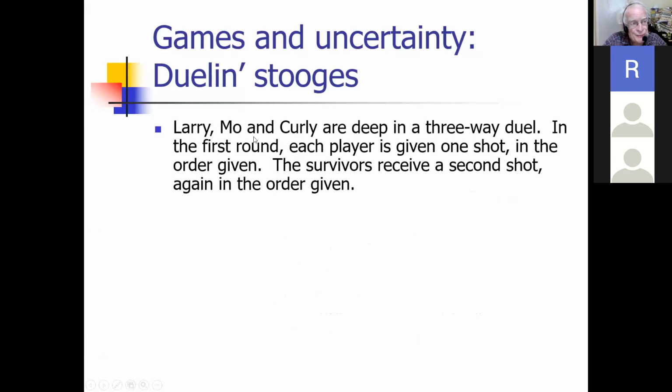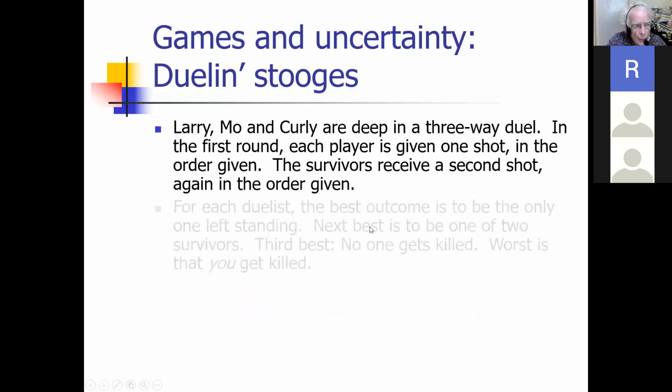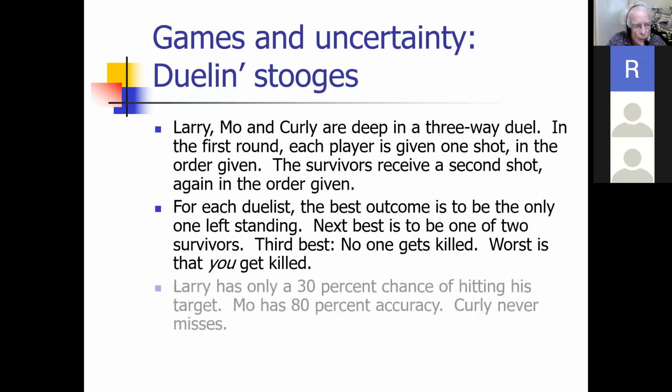Last time we had discussed this interesting game of Larry, Moe, and Curly in a duel with one another. Larry goes first and has to decide what to do. Should he try to shoot Moe or shoot Curly instead?